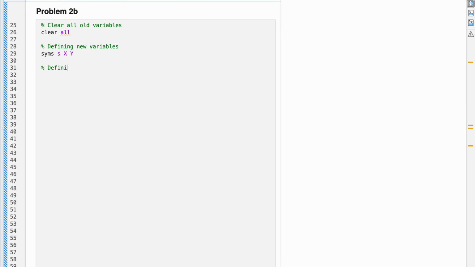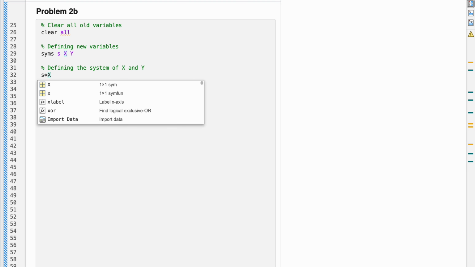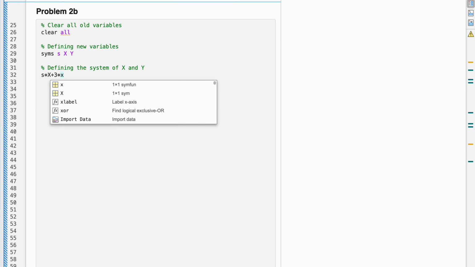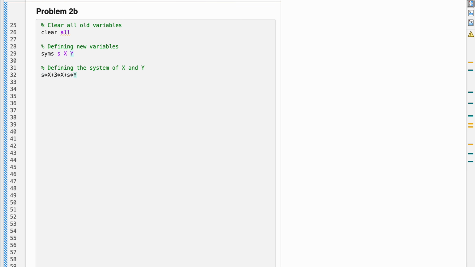Then we're going to define the system of x and y, the ones that we solved for by hand. And what are we going to get if we do that? Well, we're going to have s times big X minus 0, which was our initial condition, so I'm not going to write that, plus 3 times big X plus s times big Y minus 0.